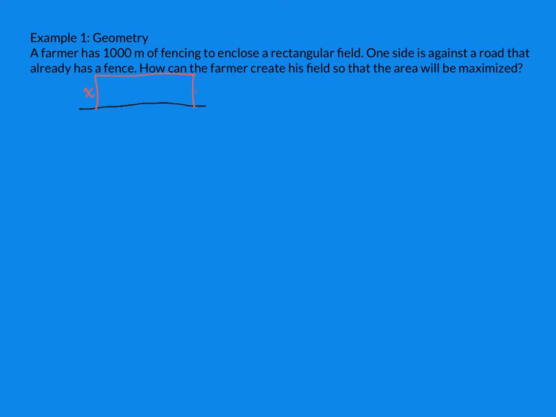So let's call the width x. And since we know the total fencing they have is 1,000 meters, that will make the piece left over for the length 1,000 subtract the 2x that's being used for the two sides of the widths. And of course, we're going to write ourselves a let statement.